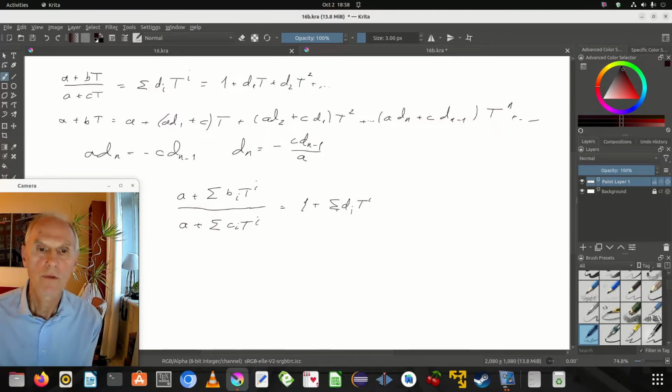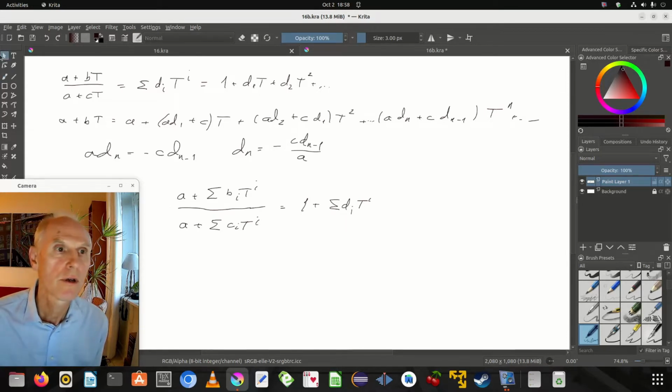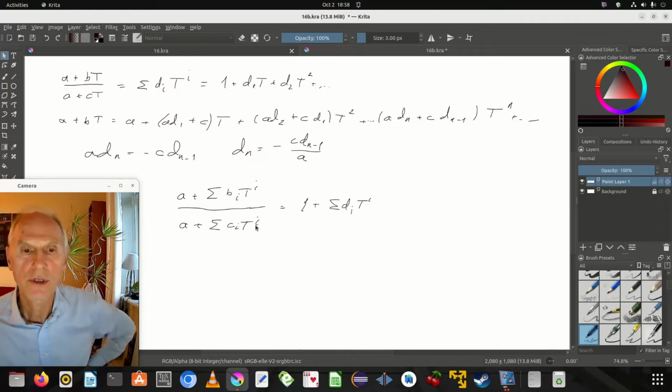So when we come far ahead, we will have a multiplication of these two series, but this only holds for a finite number of terms.